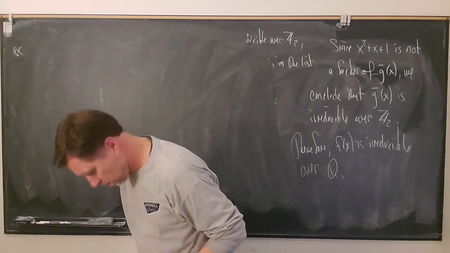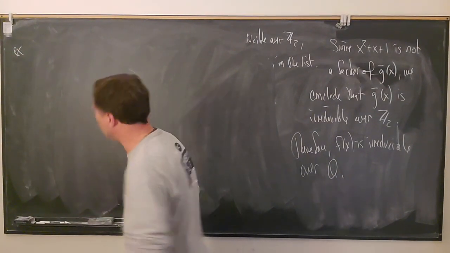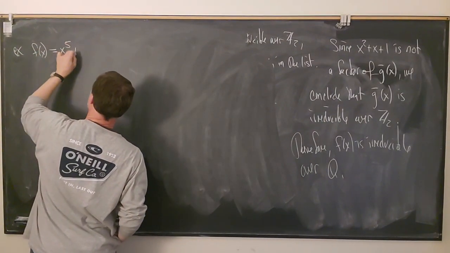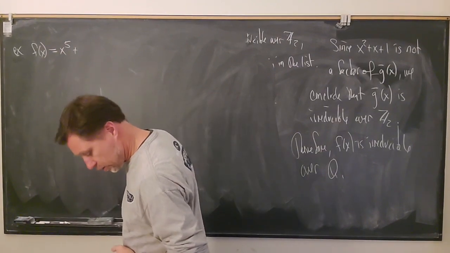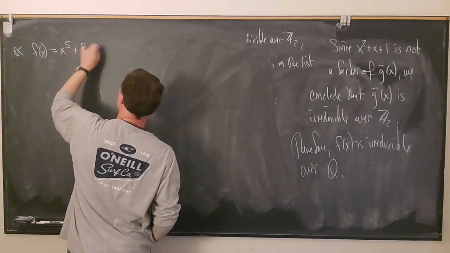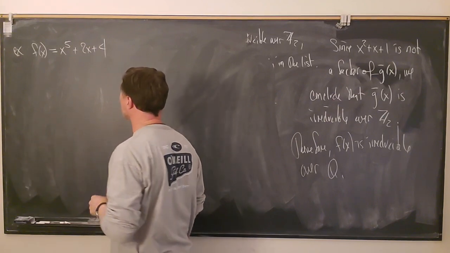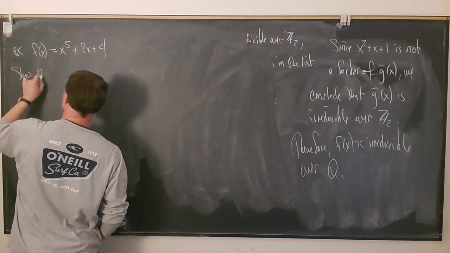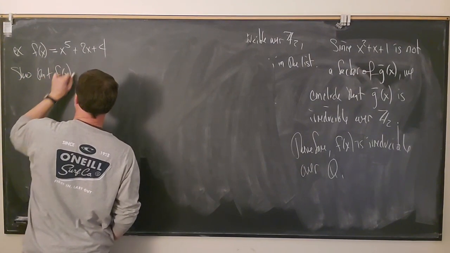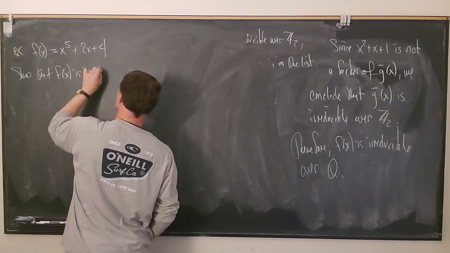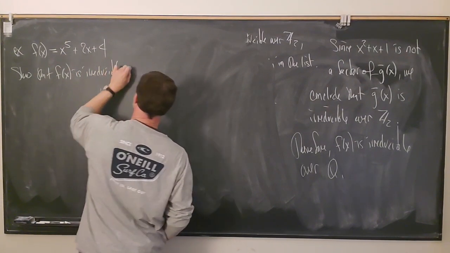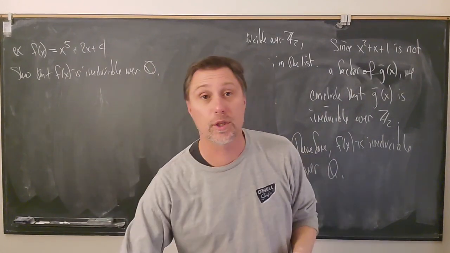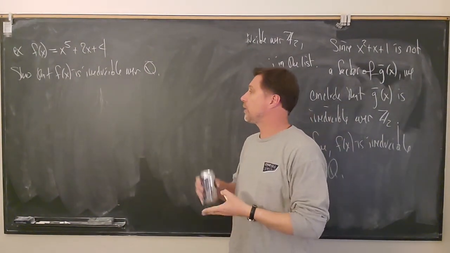So next one here, so now we're going to do degree 5. So f of x equals x to the fifth plus 2x plus 4. And what I want to do is show that f of x is irreducible over Q. And so what I'm going to do is I'm going to start off with a mod 2 test and see what happens.